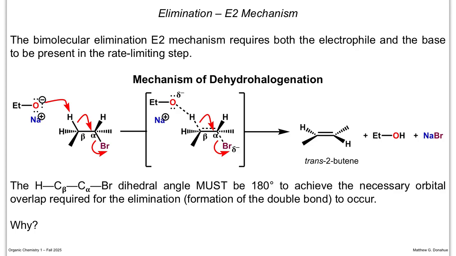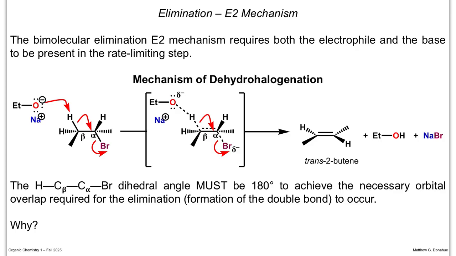The anti-bonding orbital is right behind it. So what we saw with substitution, it has to attack there. Now with elimination, the electrons to fill that anti-bonding orbital are coming from this sigma bond. So it has to directly align with that empty sigma star orbital.